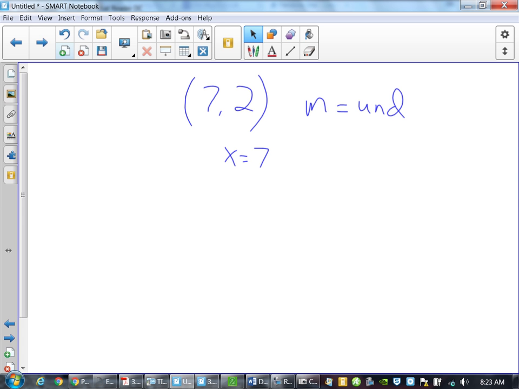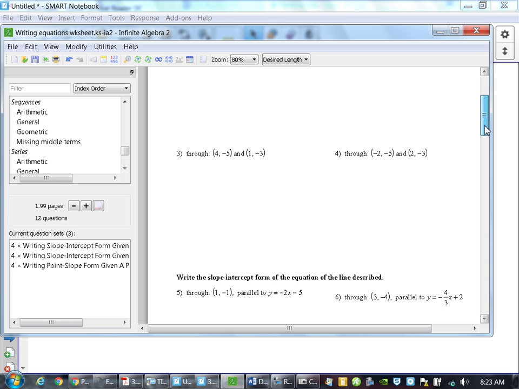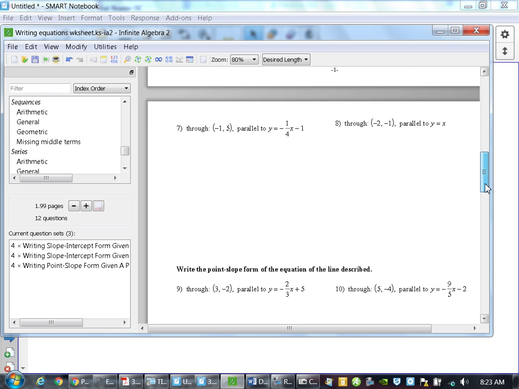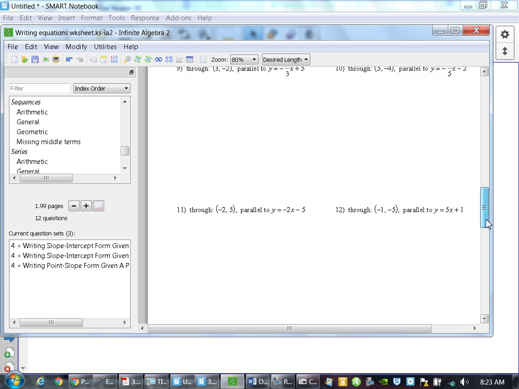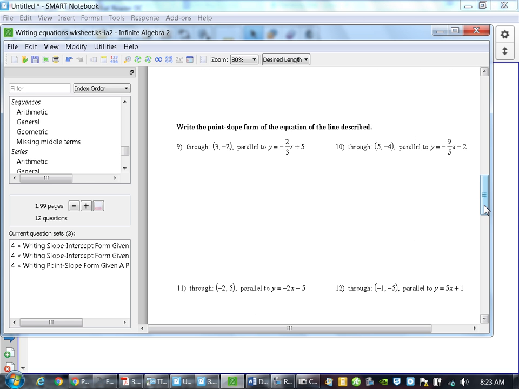Let's do one more parallel, I think. The other one that I know we had a problem with was when you had to solve for x, or you had to get y by itself.